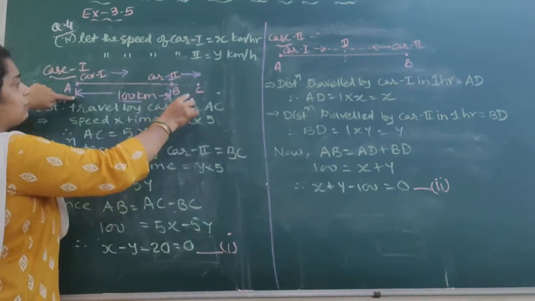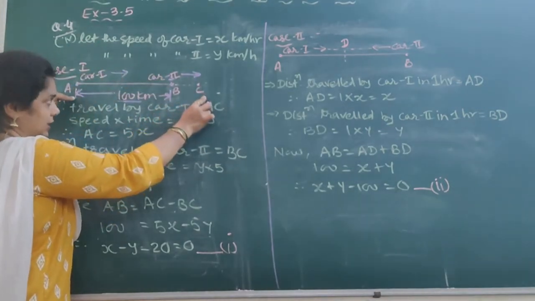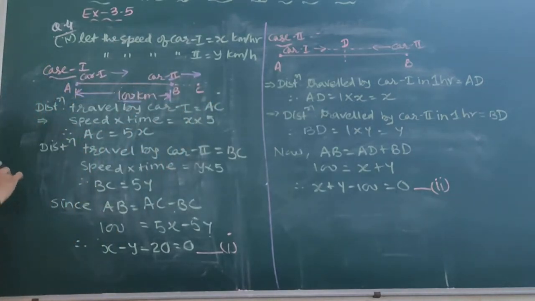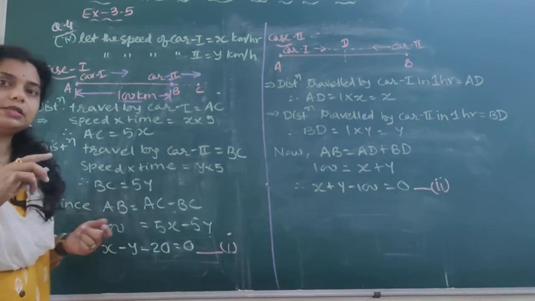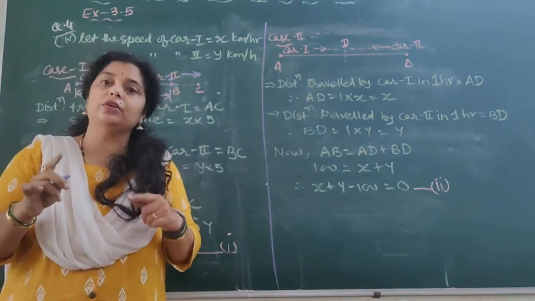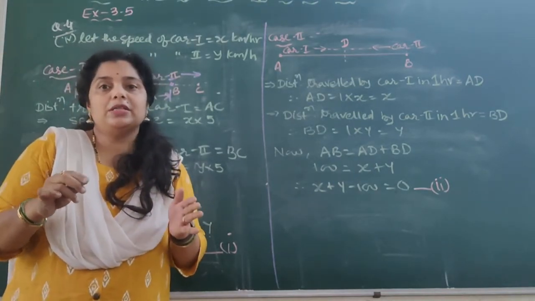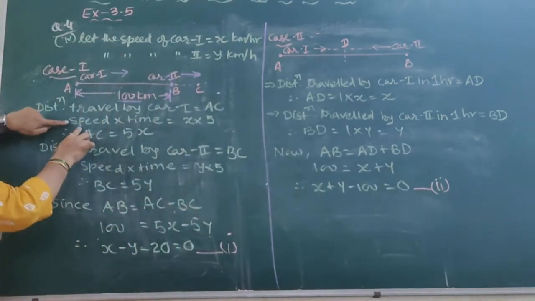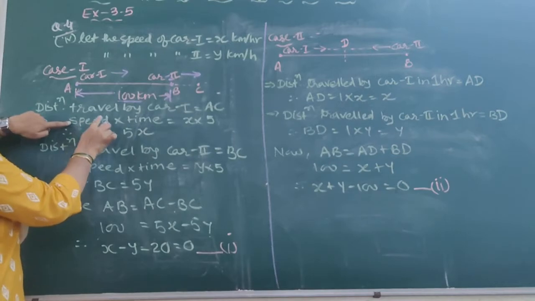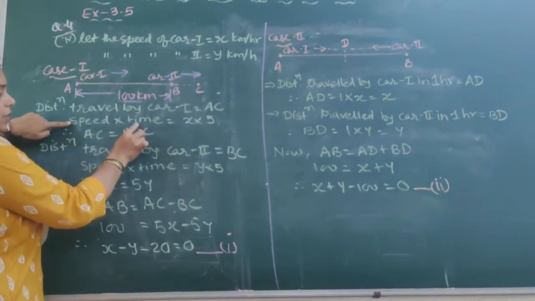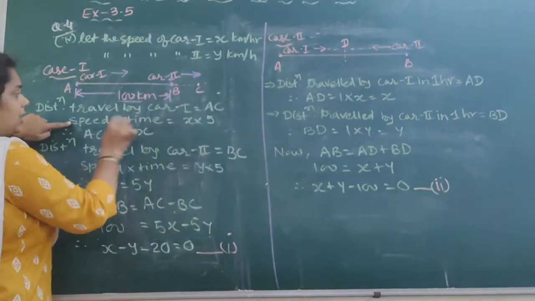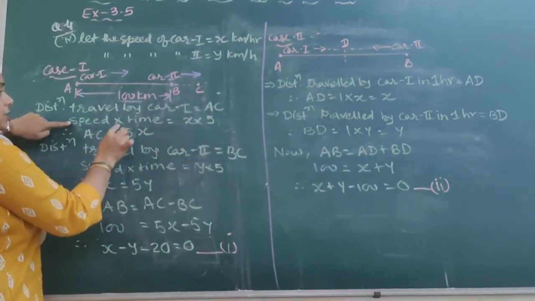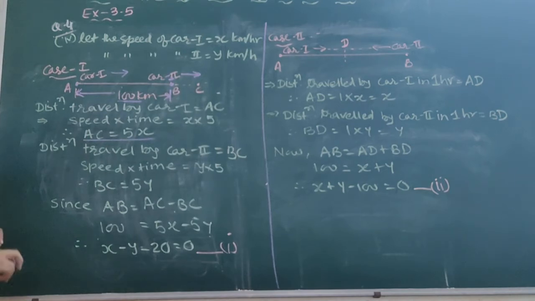Now, as you know, distance is equal to speed into time, or we can say speed is equal to distance by time. Using this formula, x is the speed and time is 5, and therefore AC, the distance, is equal to 5x.